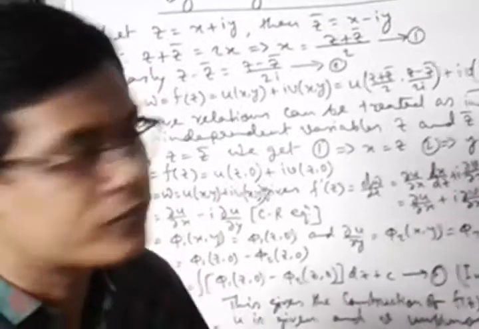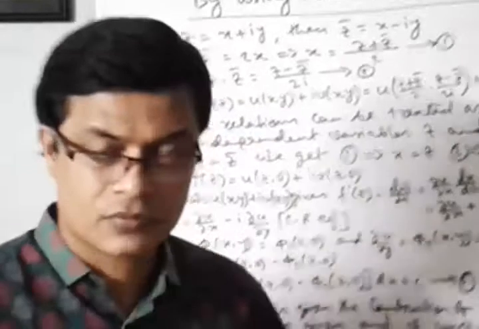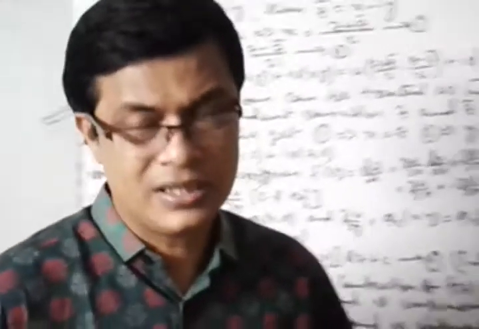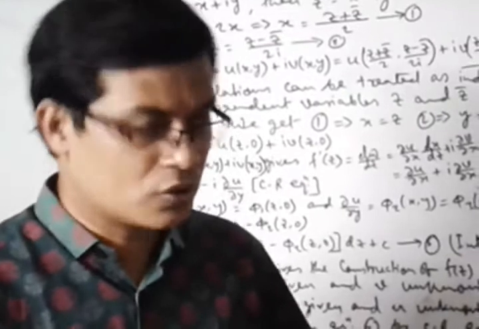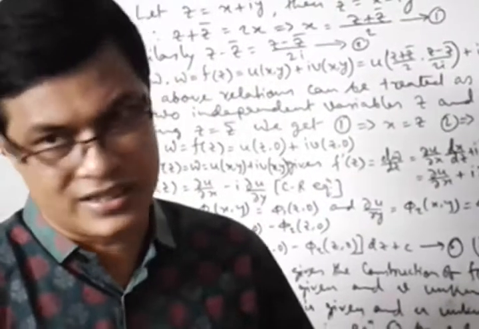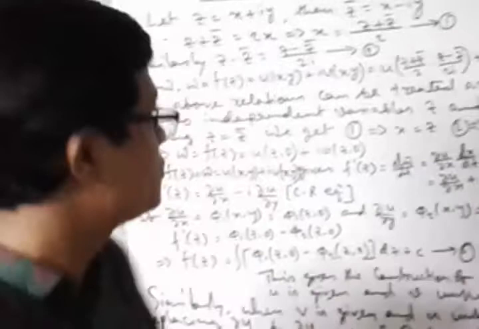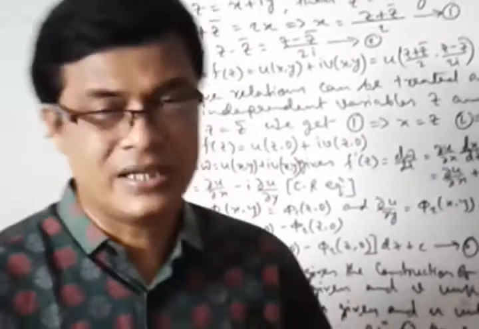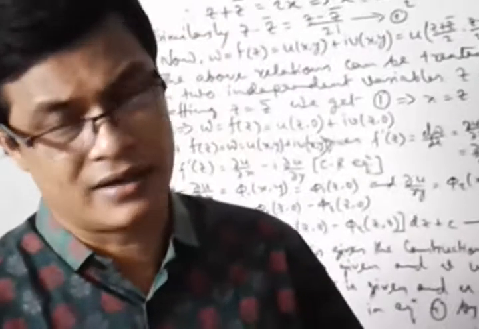Among them, the best and most useful method is the Milne-Thomson method. The Milne-Thomson method for construction of an analytic function is the most prominent one. So we will be using the Milne-Thomson method today to construct an analytic function.